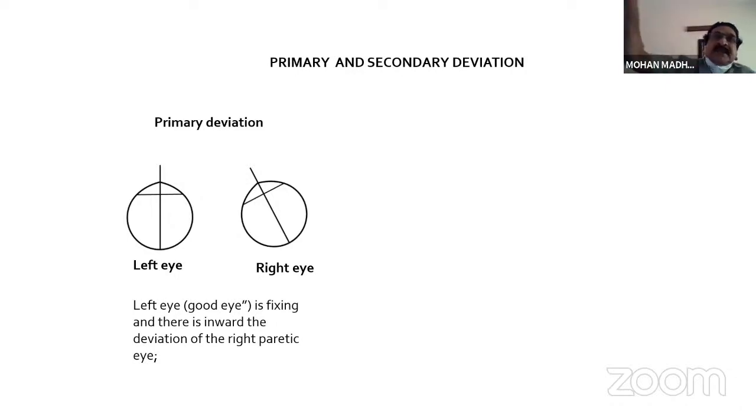Ask to go on looking in that direction. The diplopia will slowly manifest in both concomitant squint as well as in myasthenia because you are fatiguing the muscle. To differentiate: in that case it's already fatigued, the eye comes back to the lazy position so that only one eye is fixing. Now you don't know whether it's because of the concomitant squint, the good eye is fixing and the lazy eye has gone out to the lazy position, or the eye has come back because of the fatigability of that muscle.